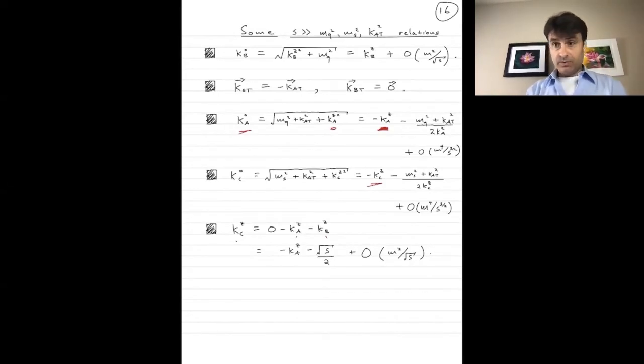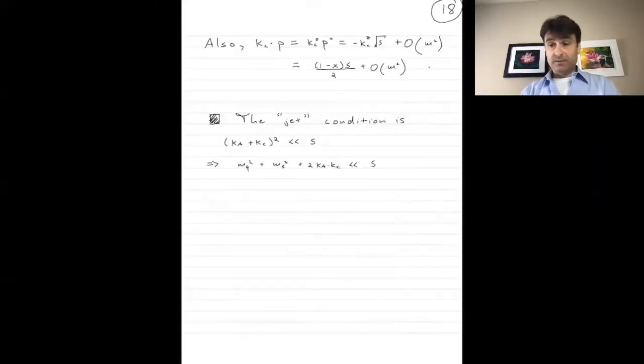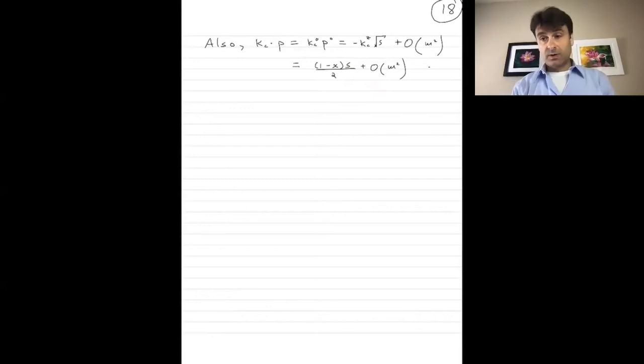And so we know that the Kaz has to come with a minus sign, and same for Kcz, and so that's what we've used here. And then remember that Kcz we said was negative (1 minus x) over 2 times square root of s, so the 2 square roots of s combined. And so we get a nice simple expression up to orders m squared for Kc dot P.